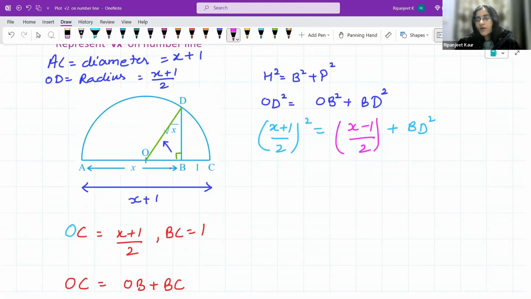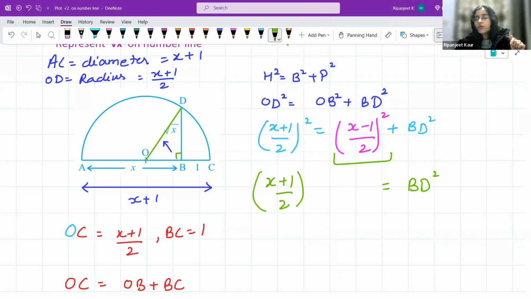And it has a whole square. Okay. And after this, x plus 1 whole squared over 2. Now can we shift this whole thing to the other side, to the left side? Here BD squared remains, it goes to the left side, and on the left side x plus 1 over 2 whole squared was already there. And this comes to the left side, becomes a minus, x minus 1 over 2 whole squared.